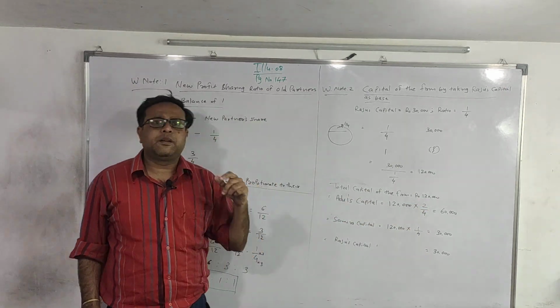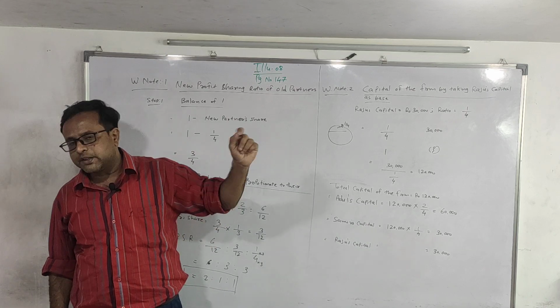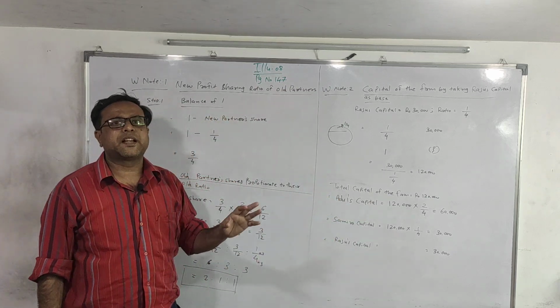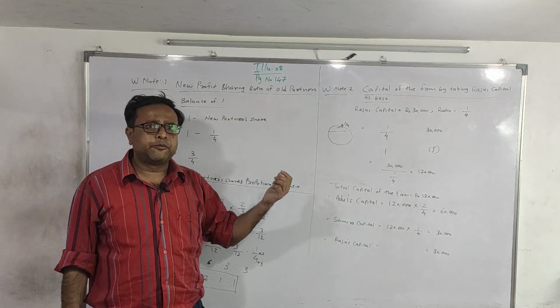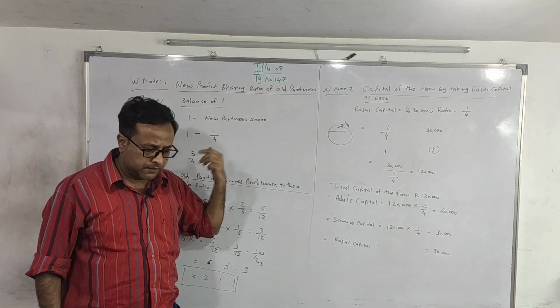Again, why is this required? Because in adjustment number 7 it has been mentioned that taking Raju's capital as the base, we need to find out the other two partners' capital. So before starting the sum, I have done both the working notes. Now we start with the sum.